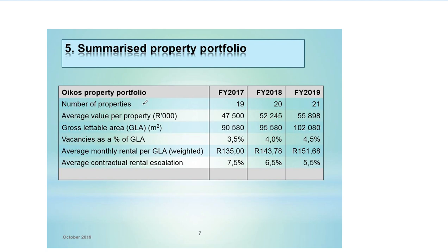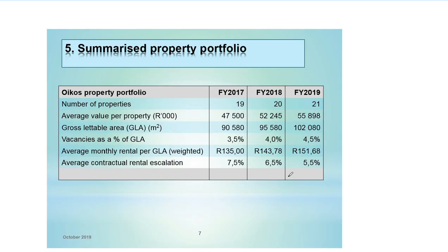And then when you're looking down, it's average contractual rental escalation. Escalation is that additional percentage of the rental amount that is added. So each year it's reducing, or it's declining. Now you ask yourself, why is it declining? Is it declining because the vacancy is going up? As you see the vacancy going up, you can link it to the escalation.